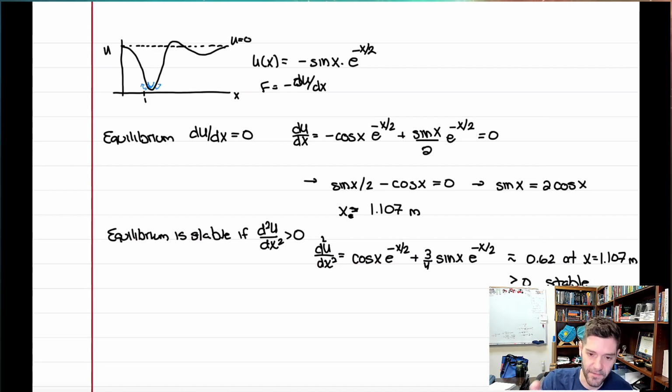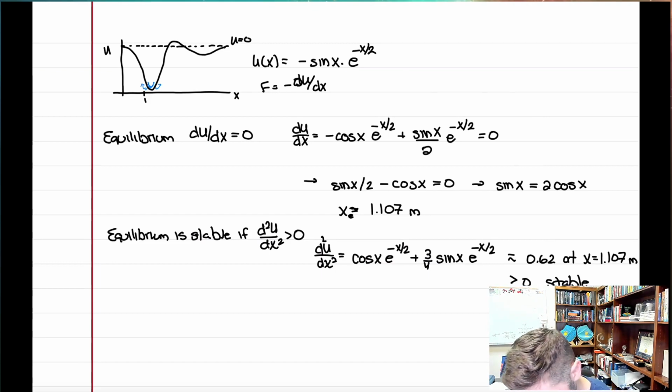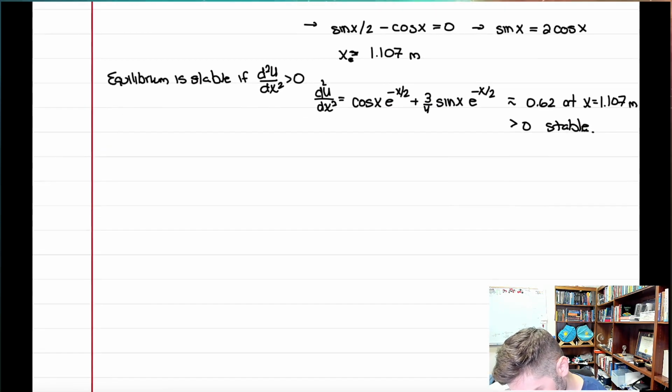I've just figured out the value of the second derivative as a positive number. Then if I wanted to, I could find the third, the fourth, the fifth derivative at those points. But again, if I'm sufficiently close to the equilibrium point, I know that x minus x sub e, for the equilibrium, is going to be sufficiently small. And maybe I can get away with approximating the entire function as just the first few terms.